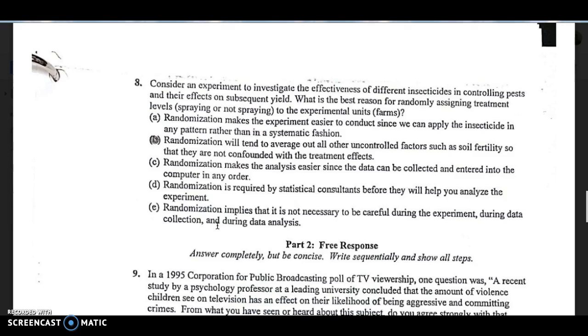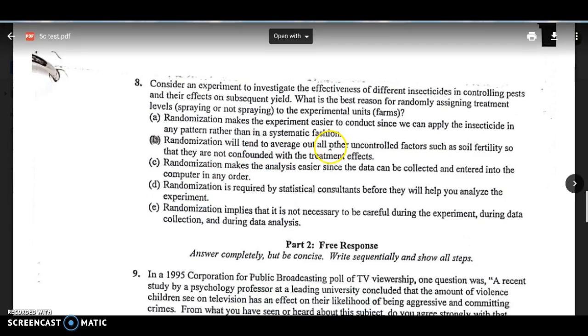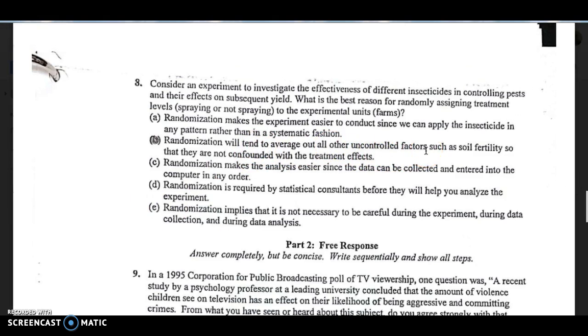So the best reason to randomly assign is that randomization tends to average out the other uncontrolled factors, which means the other confounding variables. In this situation, they could be the soil fertility, so that they're not confounded with the treatment effects. Basically, that's the whole point of randomization, is that you average out the effects of confounding variables.